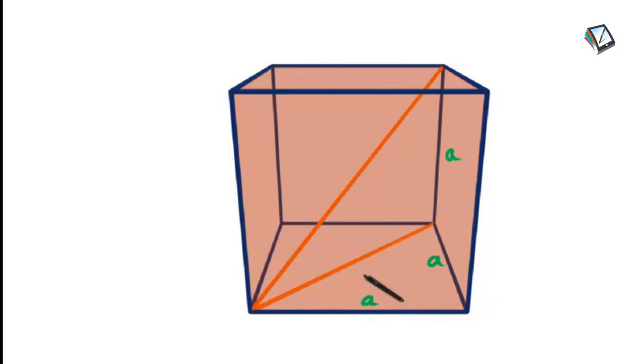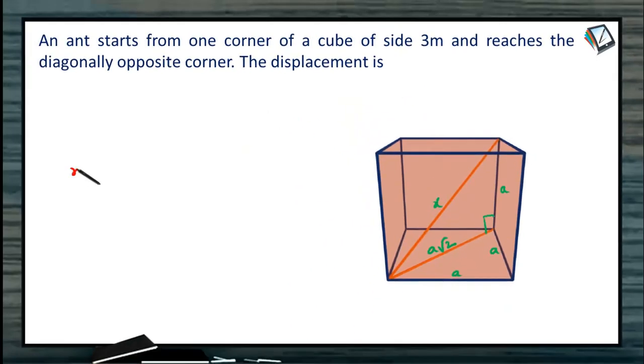For this right angle triangle, this particular face diagonal is the hypotenuse. So this becomes A root 2 and this is A. And we have seen clearly that this angle is also 90 degree. So the net displacement of the ant will be equal to under root of A square plus A under root 2 square. So it becomes what? A under root 3. So it is 3 root 3 meter is the displacement of the ant in this situation.